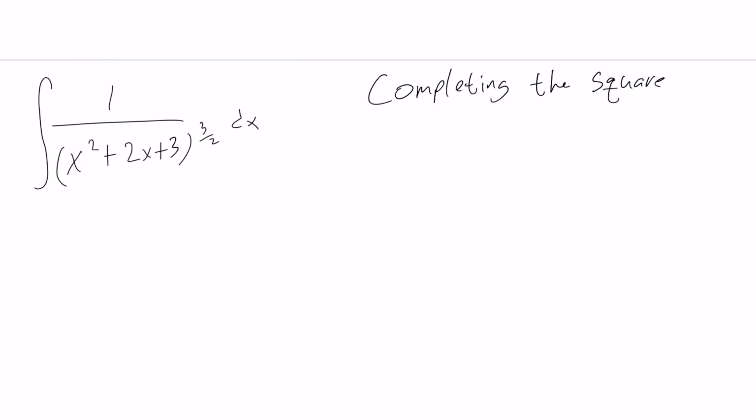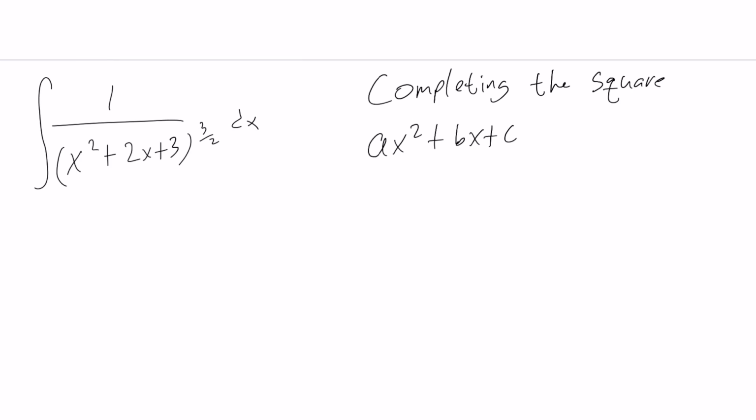Completing the square helps you find the roots of something like ax squared plus bx plus c. You use the method of completing the square to derive the quadratic formula, which is really nice.